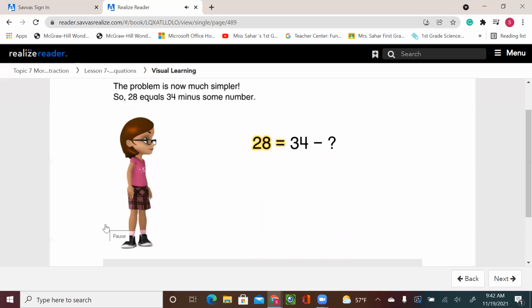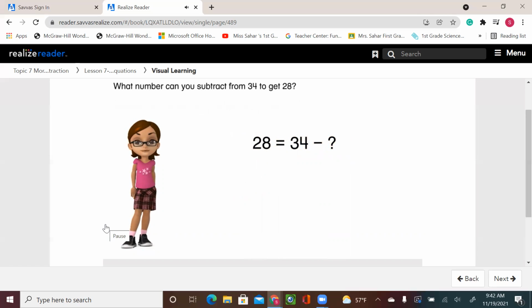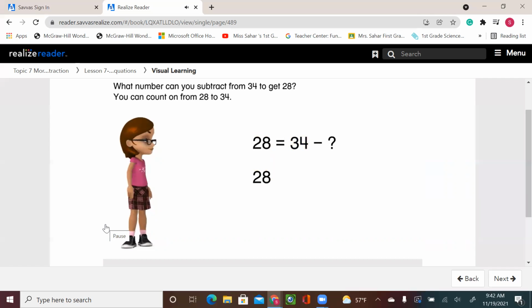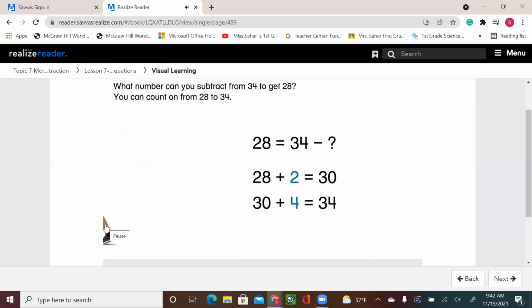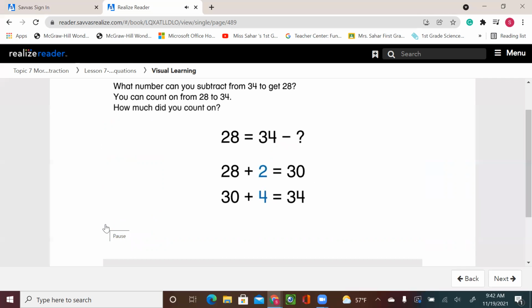So 28 equals 34 minus some number. What number can you subtract from 34 to get 28? You can count on from 28 to 34. 28 plus 2 equals 30. 30 plus 4 equals 34. How much did you count on? Select your answer.